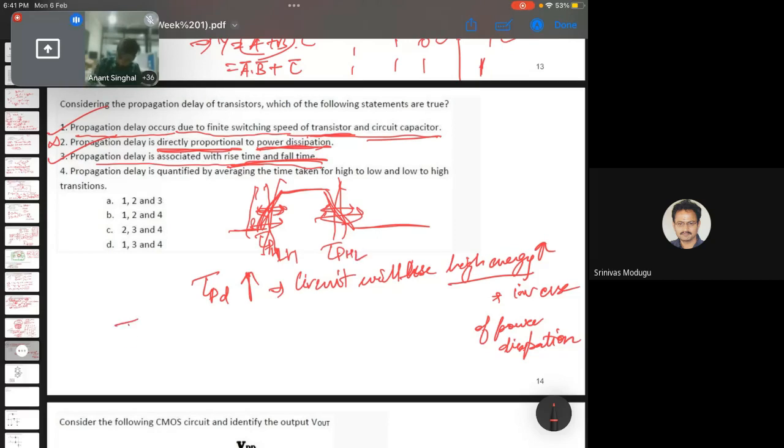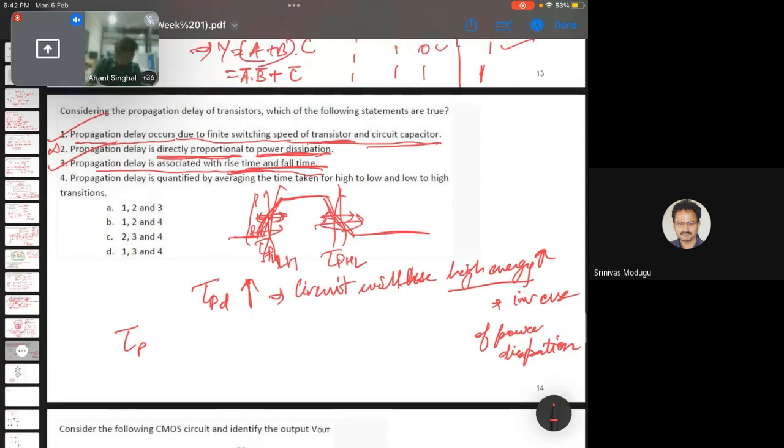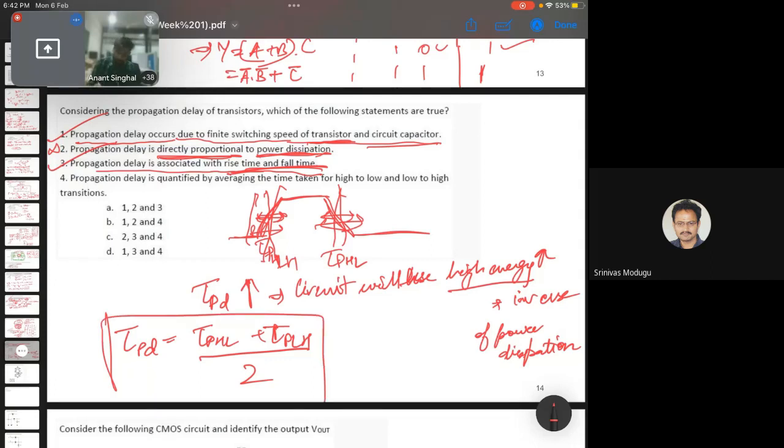So we calculate the propagation delay by taking the average of them, which is tau PHL plus tau PLH divided by 2. So option 4 is also correct. So the correct options are 1, 3 and 4, which is option D.